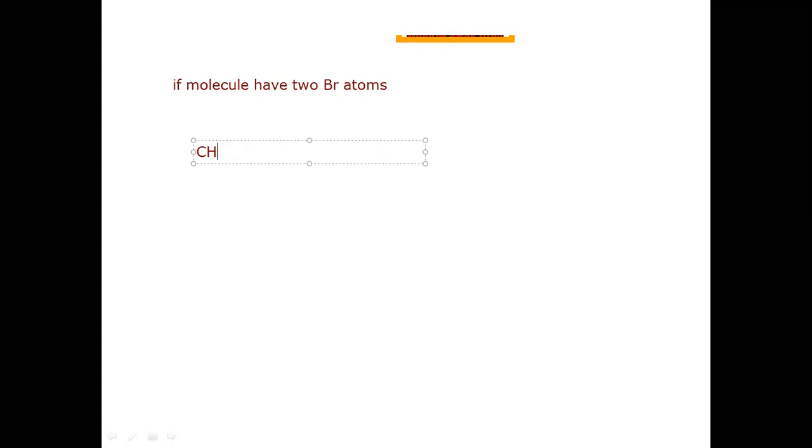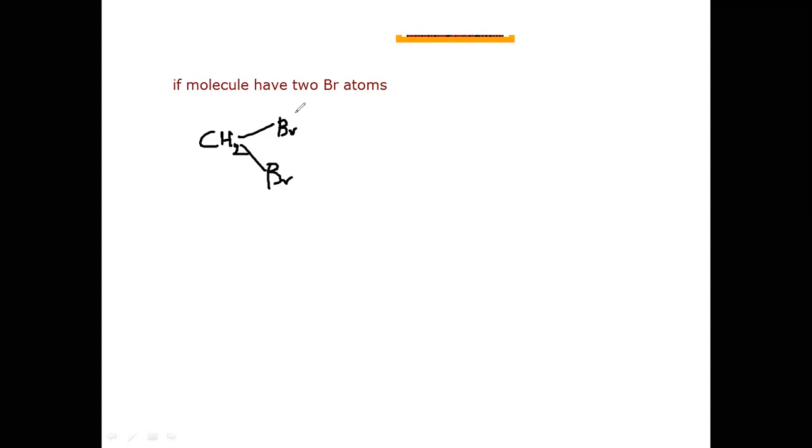If you think about this, we can have the example CH2Br2. See here, like this. This is Br and one more Br.